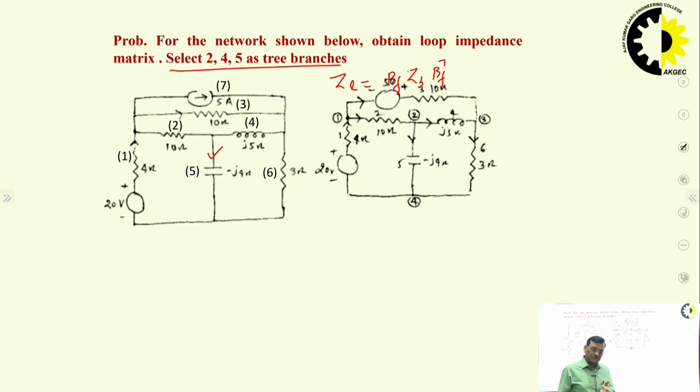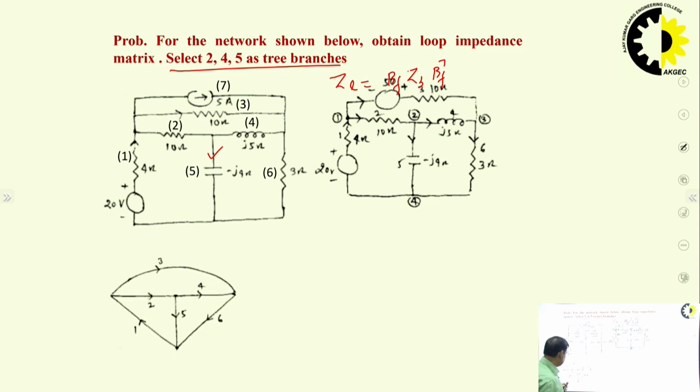First and foremost, orient the given network, then draw the oriented graph of this network. How many nodes are there? 1, 2, 3, 4: 4 nodes, and branches 1, 2, 3, 4, 5, 6: 6 branches.